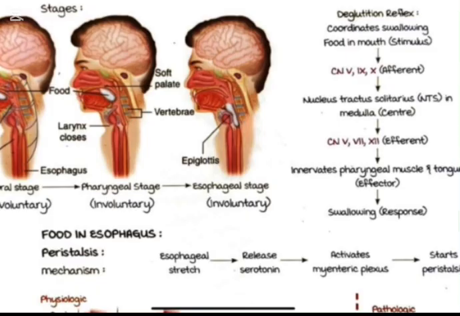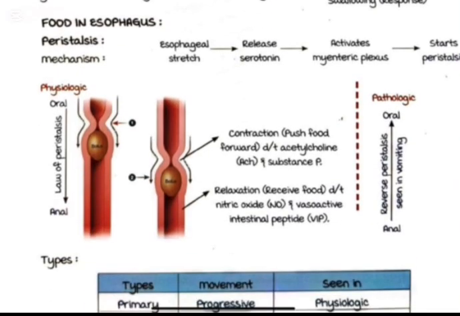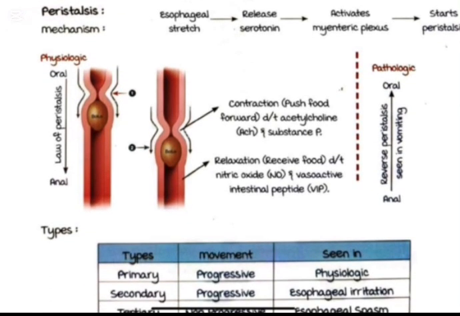Efferent nerves are again trigeminal, facial, and cranial nerve 12. They innervate pharyngeal muscle and tongue effector, and hence the action of swallowing is performed.